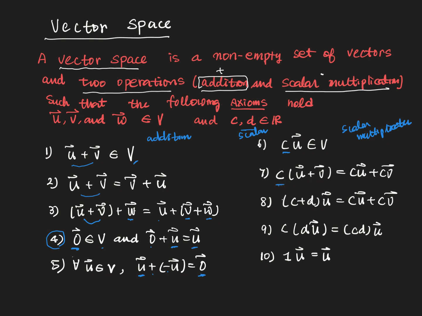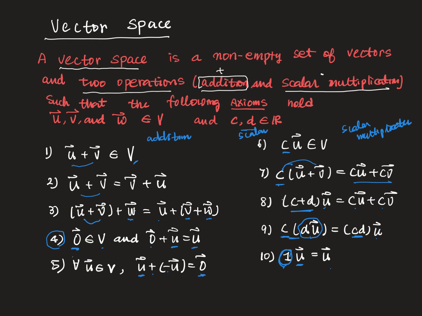You can distribute: c plus d, those are two scalars, so you can distribute to cu plus du. Also c times the sum of vectors u and v gives cu plus cv. Scalar associativity: you do the multiplication of two scalars first and then times vector u, which is the same as one after the other. Last one: the number one times vector u is always vector u, guys. That's the 10 axioms you have to prove for a vector space.